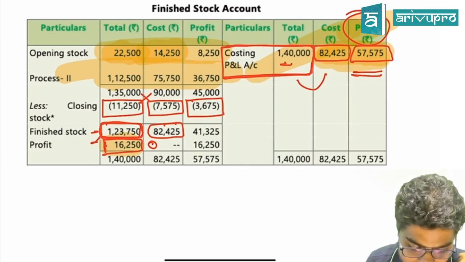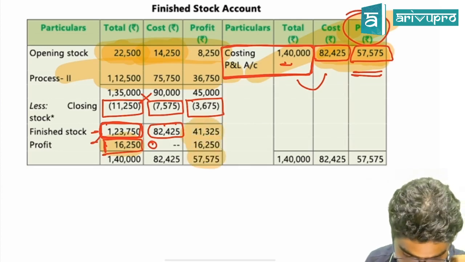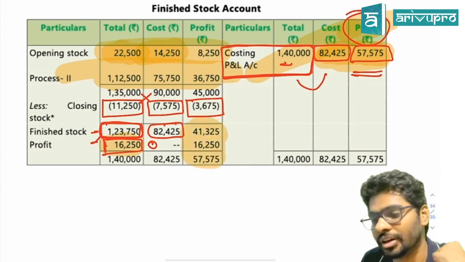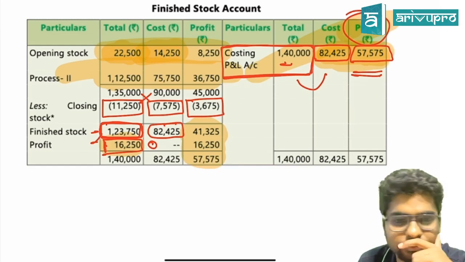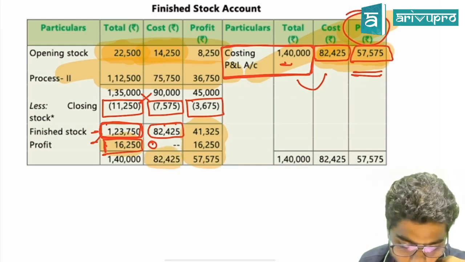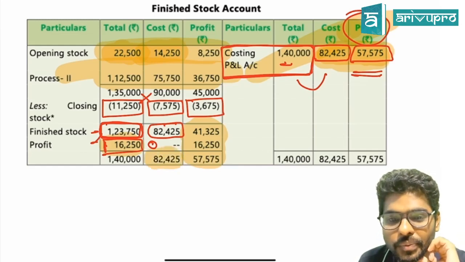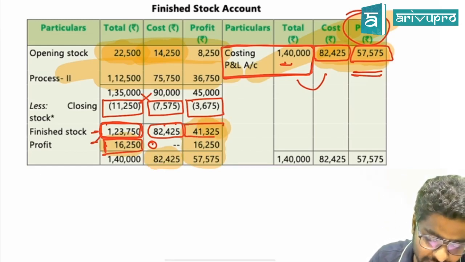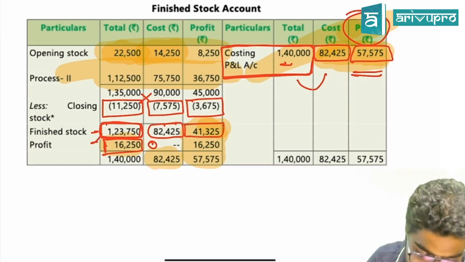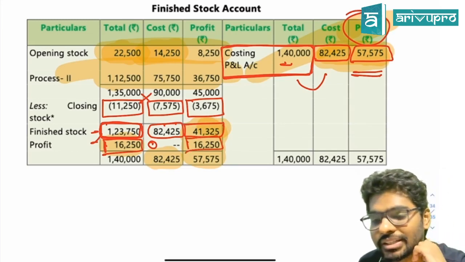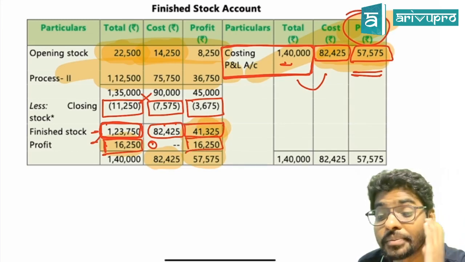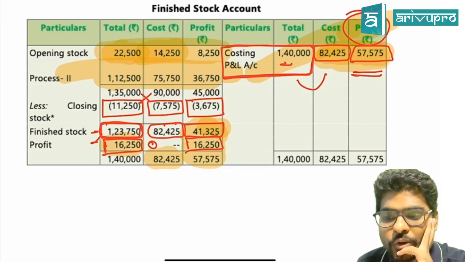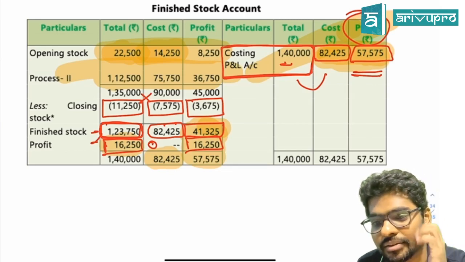But when I see the overall, this is the profit I've earned from the beginning. Because cost can never change. 41,425 profit I've recognized till now. I will be recognizing only the balance profit, that is 16,250 in this year or in this process. Are you guys clear? Should I repeat this again?